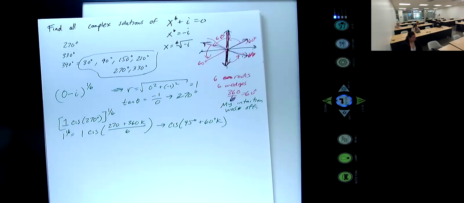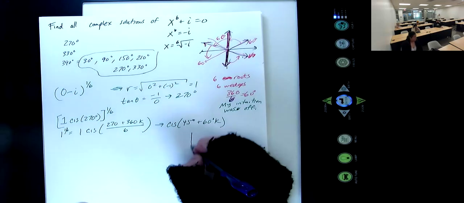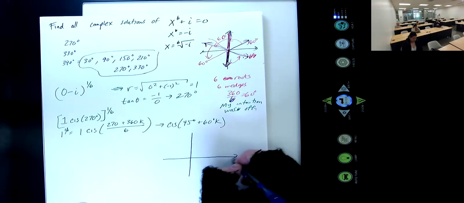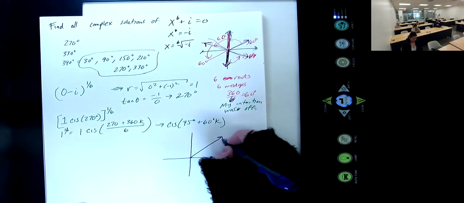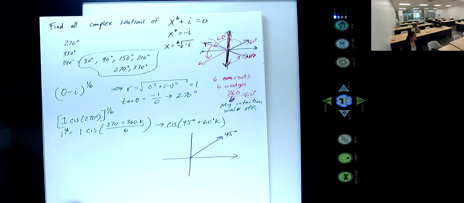So apparently my picture is wrong. That's the 45-degree mark. And I'm going 60 degrees from there.